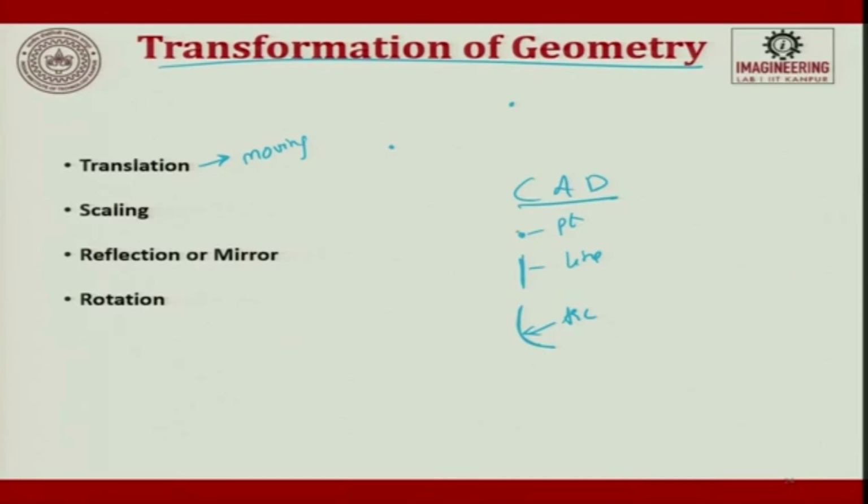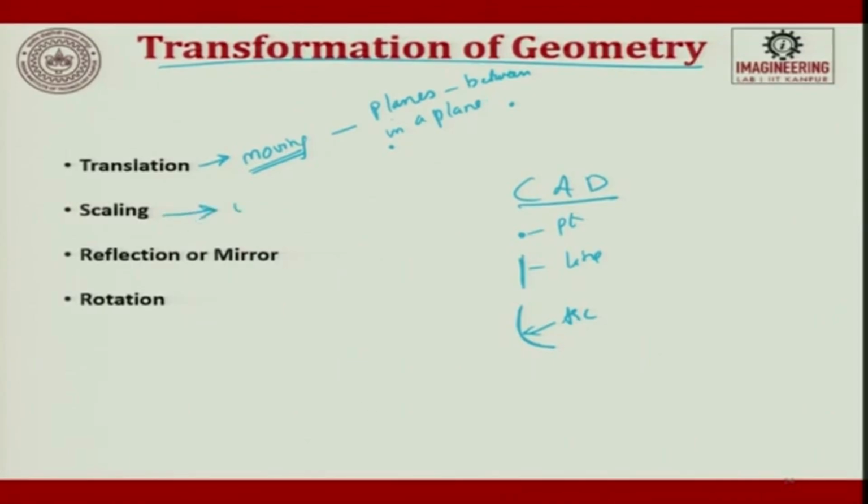Now, if I draw these things, the first thing I would like to do is move. Translation is nothing but moving from one plane to the other, between planes or in a plane. You can do that. Next is scaling.